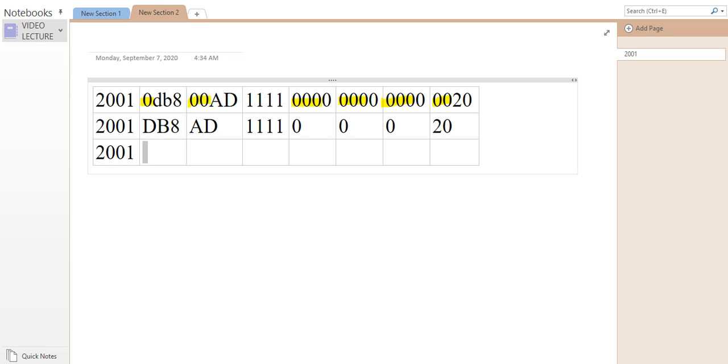When I do this, the DB8 I cannot compress because it's still the same. The AD, there is nothing, so it remains. How about 1111? Yeah, it remains. Now these three zeros are consecutive, they are next to one another, so there is no valid number between them, so we're just gonna represent them with a double colon.